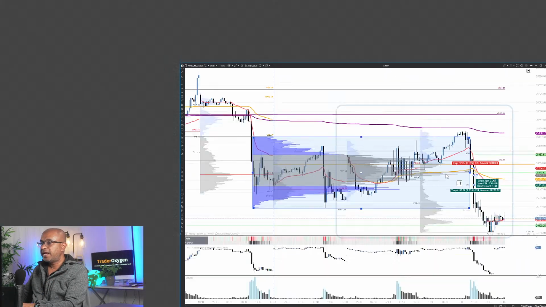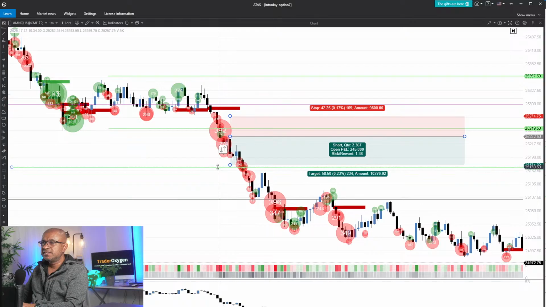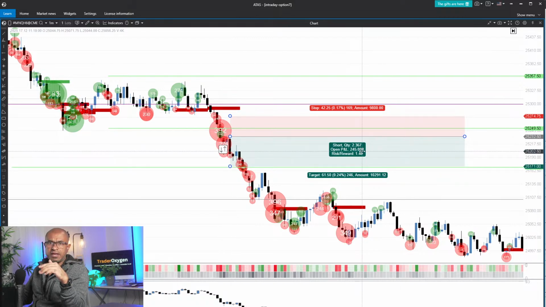So our first target is this green line, the value area low, almost 1 to 1.5. So we took our first partial profits at approximately 1 to 1.5 in this area, and we left the rest of the trade to keep running.